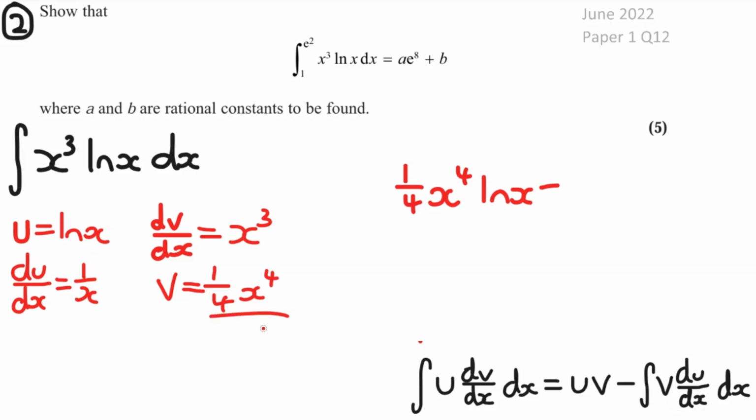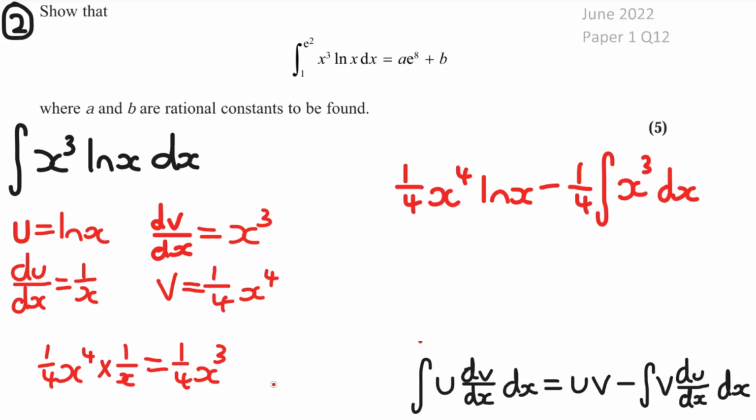So v is equal to this quarter x to the power of 4, and du over dx is equal to 1 over x, so if we multiply them together, it's going to be a quarter x to the power of 4 multiplied by 1 over x, and x to the power of 4 multiplied by 1 over x is going to be x to the power of 3, so this can be written as 1 over 4 x to the power of 3, so this is going to be equal to minus the integral of this quarter x to the power of 3.